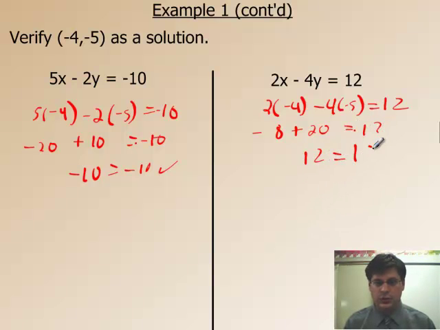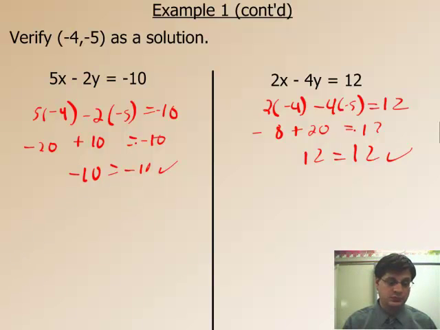So 12 equals 12. So that ordered pair, that point of (-4, -5), works for both. And it is the only point that is going to work for both equations. Hence, that's the only point that's on both lines physically.